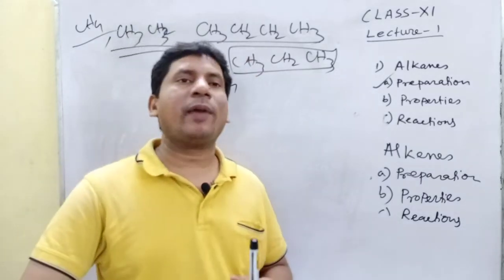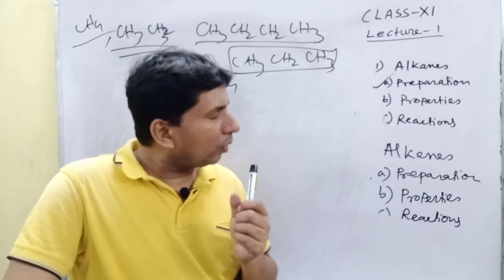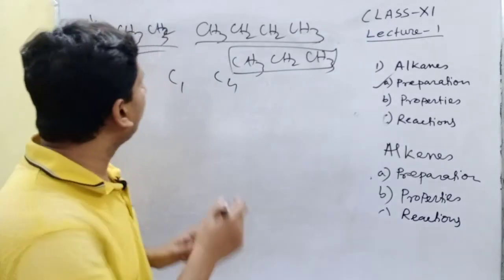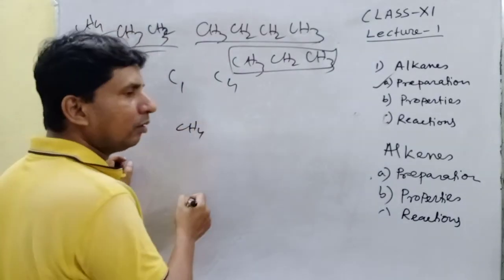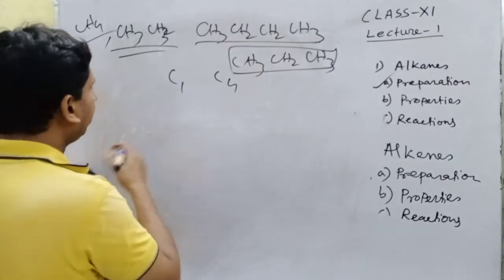The boiling point of alkanes increases with the molecular mass. Boiling point means, if it is liquid, then it will boil at that temperature.